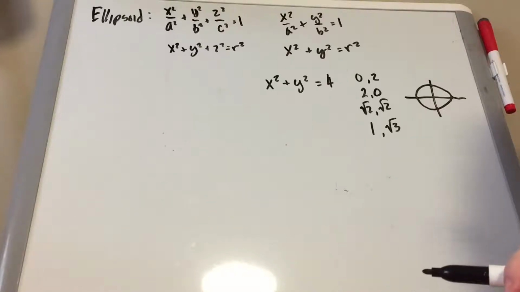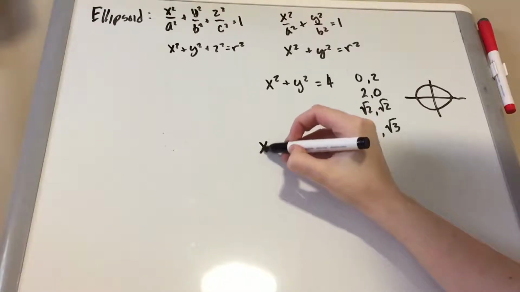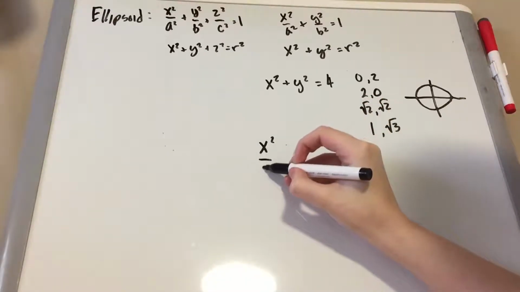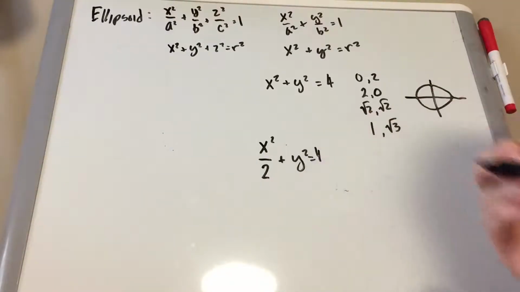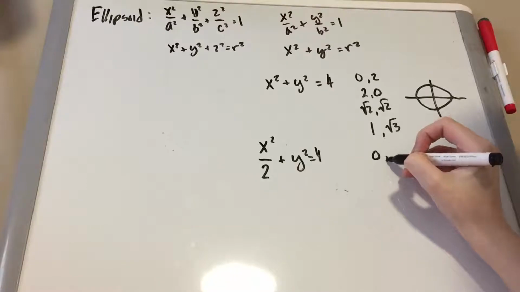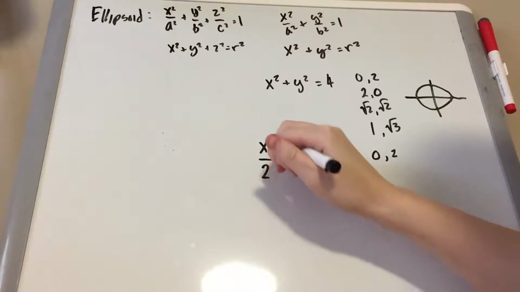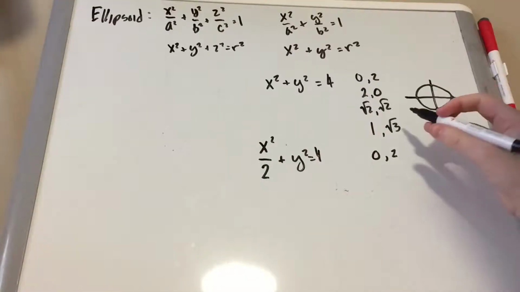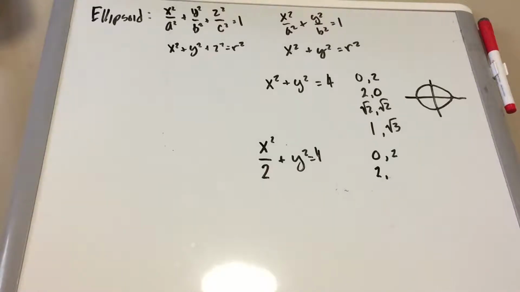So if we were to divide the x value by some constant, x squared over 2, let's say, we need greater values of y to still result in 4. So we still have something like (0, 2), because 0 plus 4 equals 4. However, if we put 2 in, we're going to get 4 over 2, which is 2.